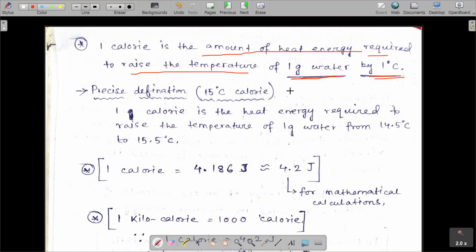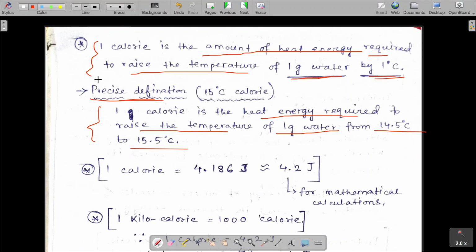But it is not actually the precise definition. The precise definition, the 15 degrees Celsius calorie, is that 1 calorie is the heat energy required to raise the temperature of 1 gram of water from 14.5 degrees Celsius to 15.5 degrees Celsius.